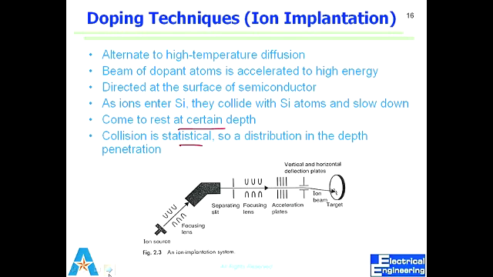So diffusion is a high temperature process, right? And what we get is a profile which is non-linear, but which has two types, where we have unlimited source or limited source, and that depends on how the concentration changes with respect to distance from the surface. In ion implantation, essentially we are bombarding the wafer with ions, and we want them to reach a certain depth and stay there.